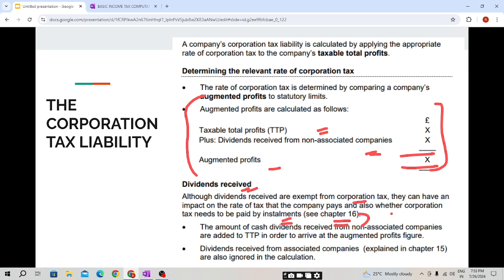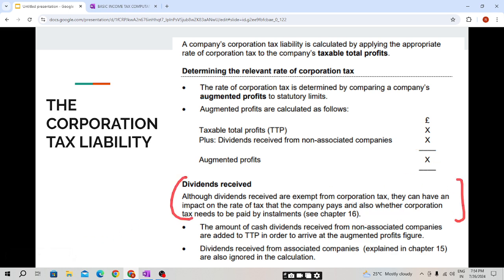This will be covered under the company's self-assessment. So the dividend will be exempt from corporation tax, but it will have an impact on the rate of tax, and also on whether the corporation tax needs to be paid in installments to the HMRC.